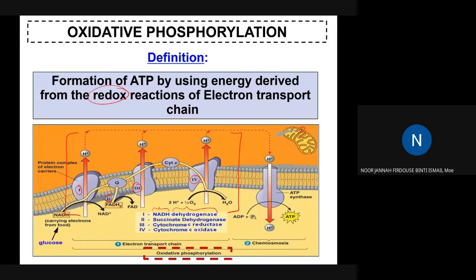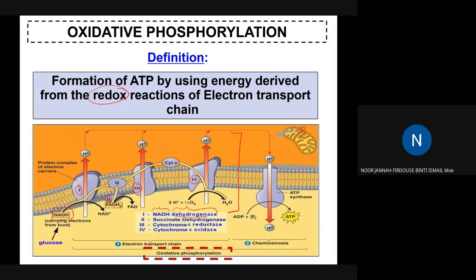For example, for number one, NADH dehydrogenase, the substrate is NADH. NADH will transfer the electrons that it carries to this enzyme, along with the hydrogen ion.